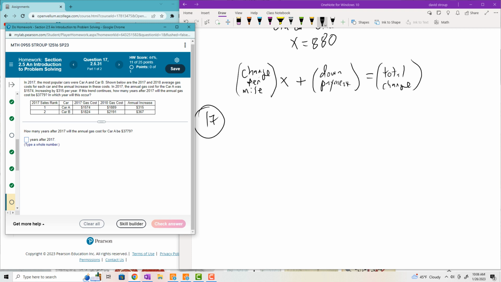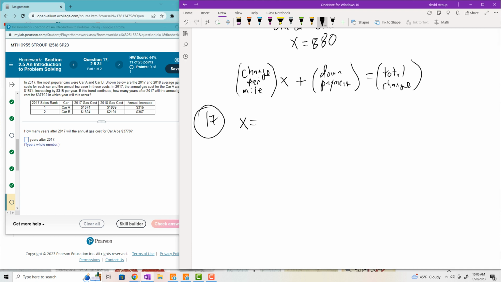You want to know how many years after 2017 they will get to that cost. So that's your variable right there. So X is the number of years after 2017. And I believe the formula is going to work like the formula above it. So you have this initial amount where you're starting, in this case $1,574 in 2017.